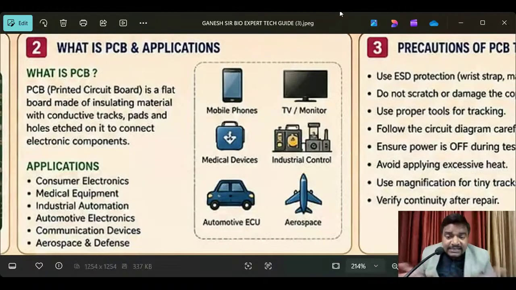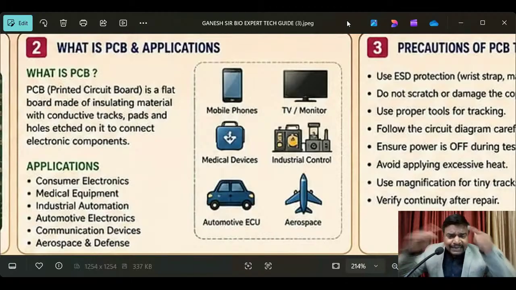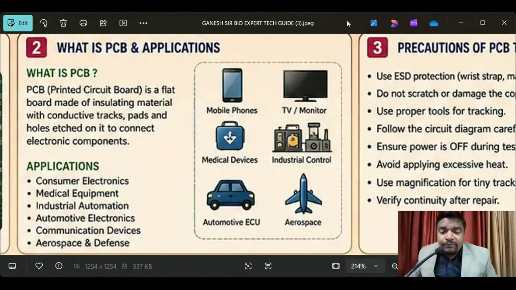That's why today I'm providing you all this. Now see here, I have given the complete definition of PCB. Keep this simple definition in mind. Don't memorize it by heart; think of it practically, and automatically these points will be helpful in your work area.